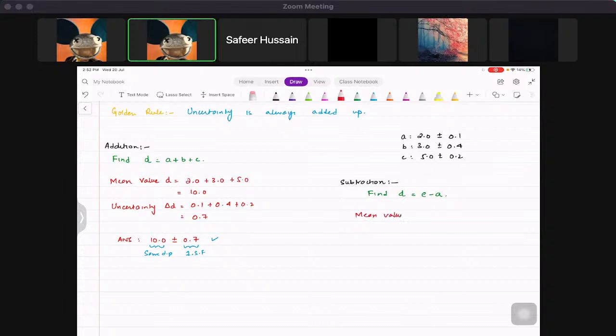It will be 5.0 minus 2.0, so this will be 3.0. Now on to the uncertainty, which is of course added up. For C it was 0.2 plus for A it was 0.1, so it is going to be 0.3. So the answer in this would be 3.0 plus minus 0.3. Any questions? Please let me know.